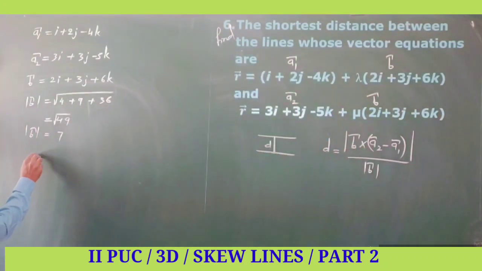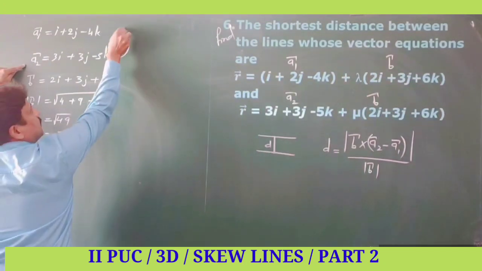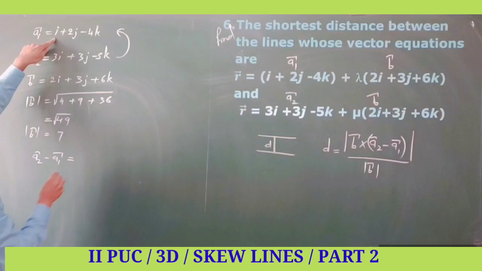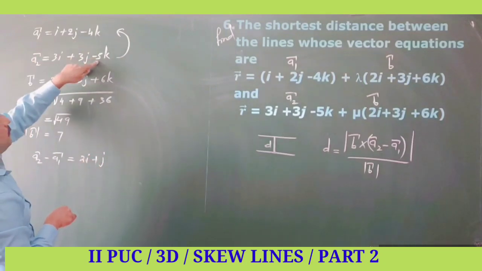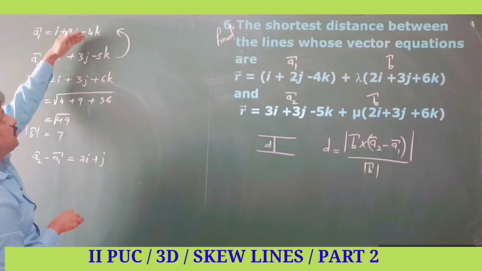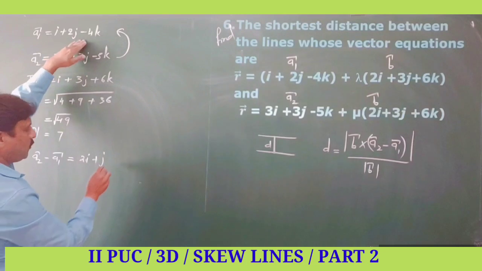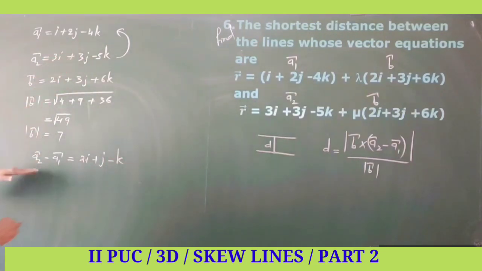A2 minus A1: 3 minus 1 is 2i, 3j minus 2j is plus j, minus 5 plus 4 is minus k. This is A2 minus A1.